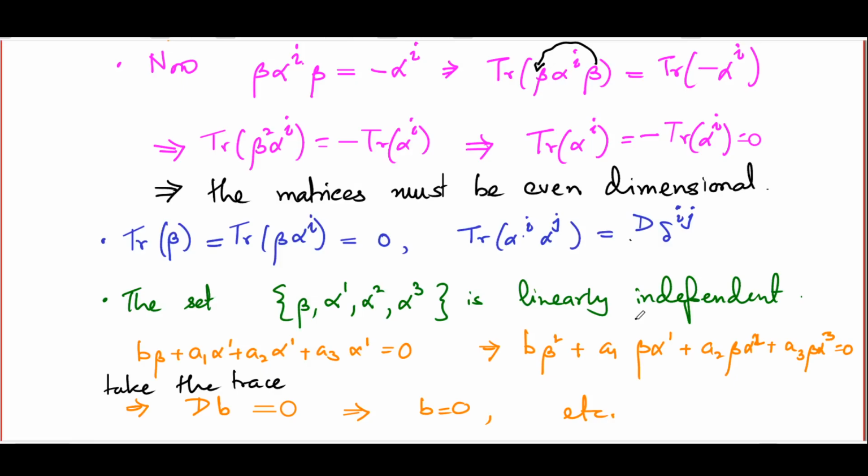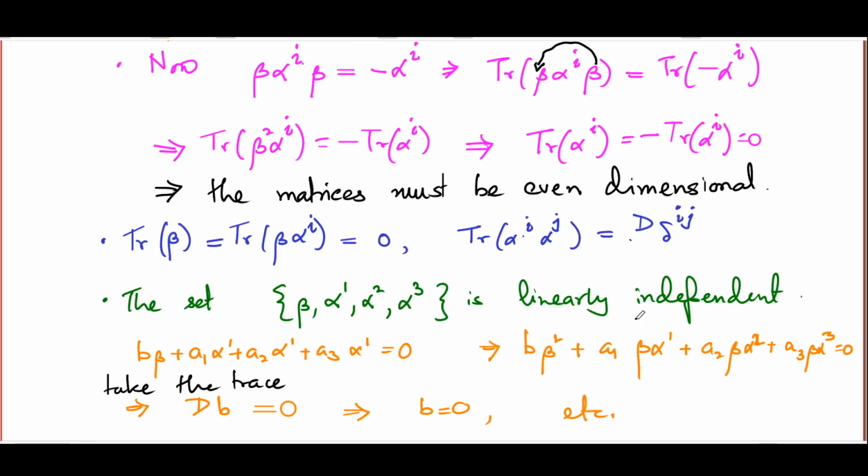Now, what kind of properties do these matrices have? Each one of them squares to the identity, has eigenvalues plus 1 and minus 1, has trace of 0, and hence they are traceless Hermitian matrices. And from this we have established that they are even dimensional.